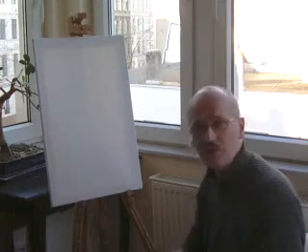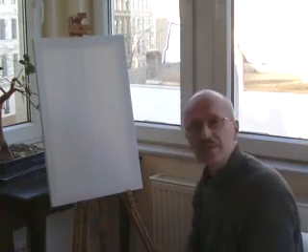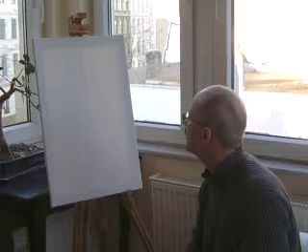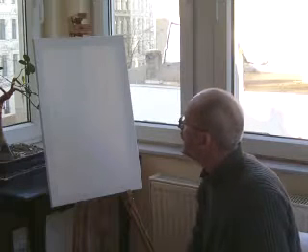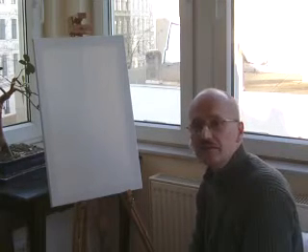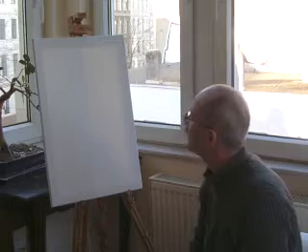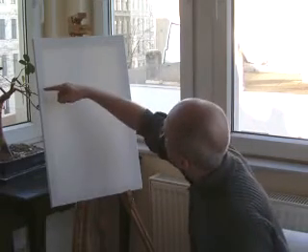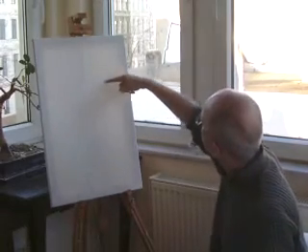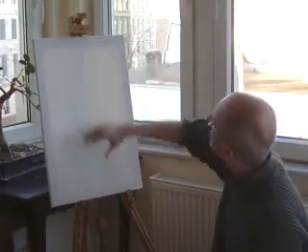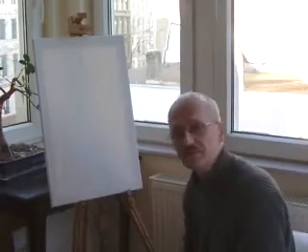So portrait for portraits and landscape orientation for landscapes. But that is not necessarily necessary, right? So you can put here a nice horizon and then paint a wonderful landscape, whatever.